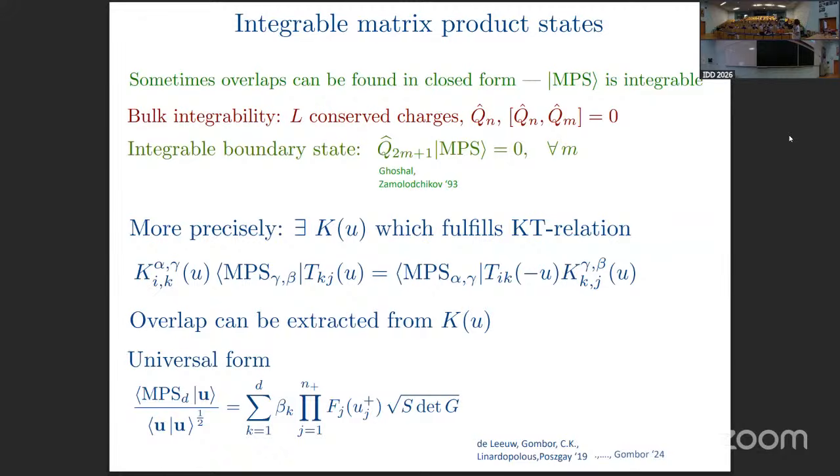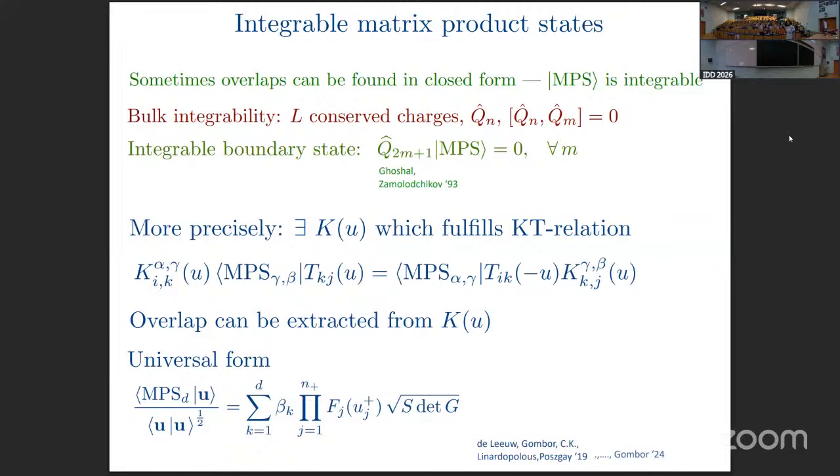It's the size of the matrices which enter the matrix product state. Yes, so once you know this K, then your problem is solved. You can find the overlap in a closed form.